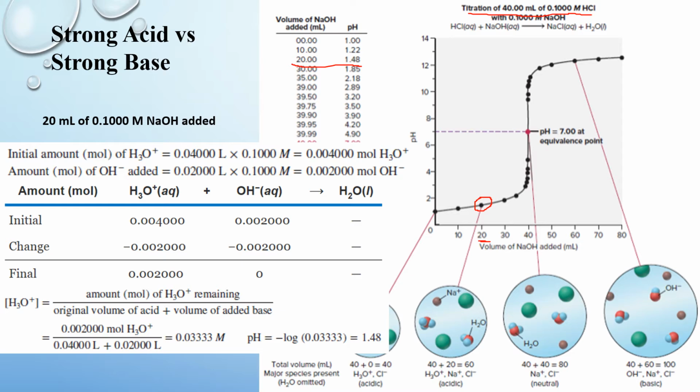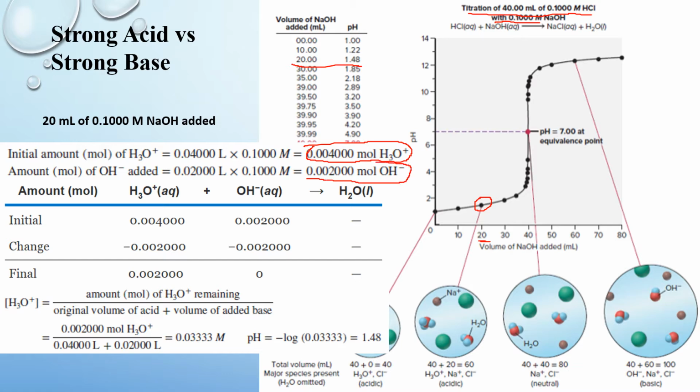To convert that into a number of moles, we have 0.004 moles of the proton. For the base, we add 20 ml of 0.1 molar sodium hydroxide, so the number of moles of the hydroxide is 0.002 moles.